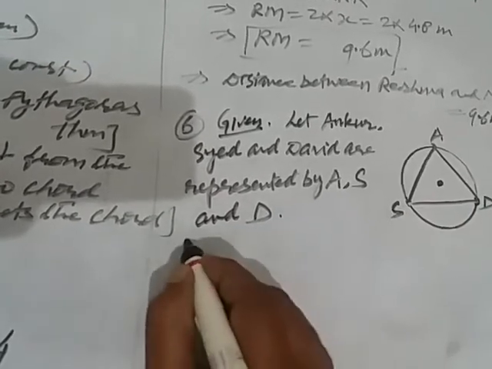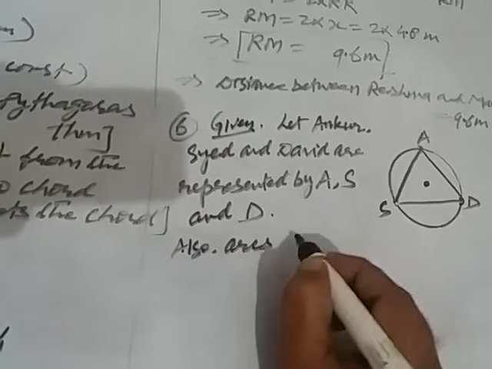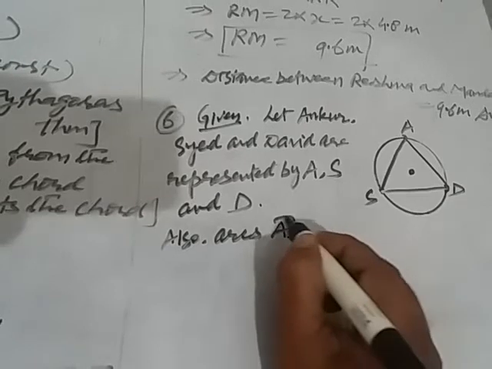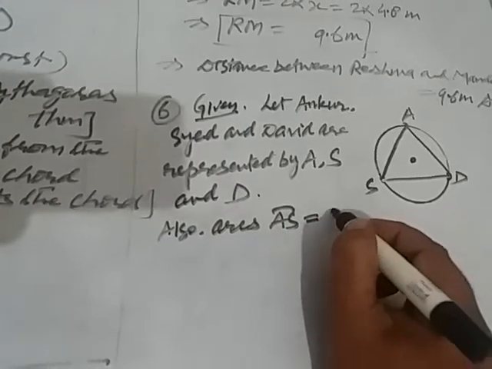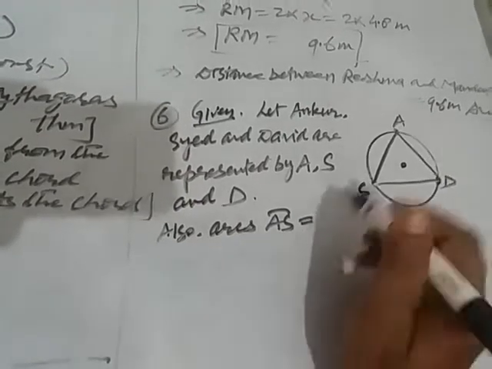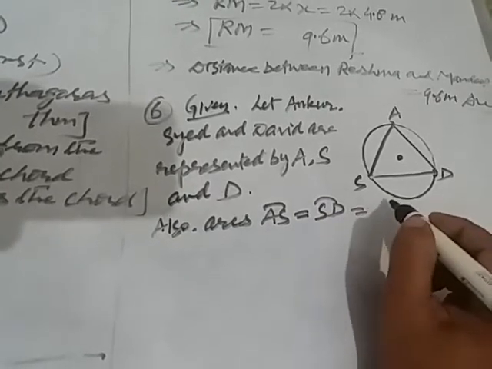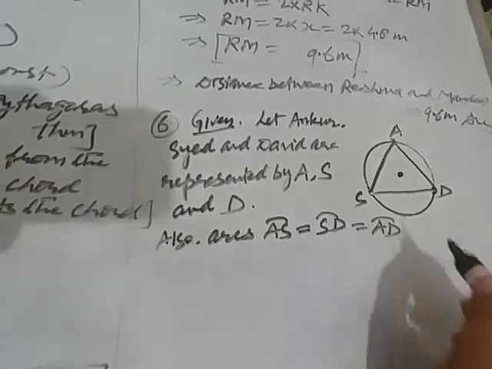Also arc AS equal to arc SD equal to arc AD. Okay, it is given. Clear?